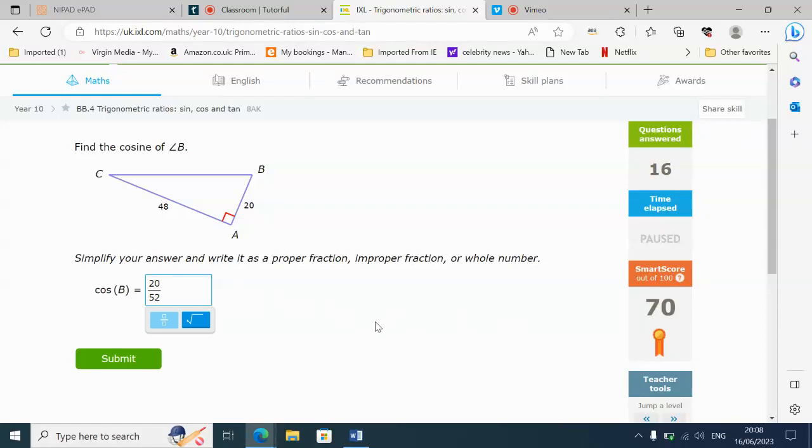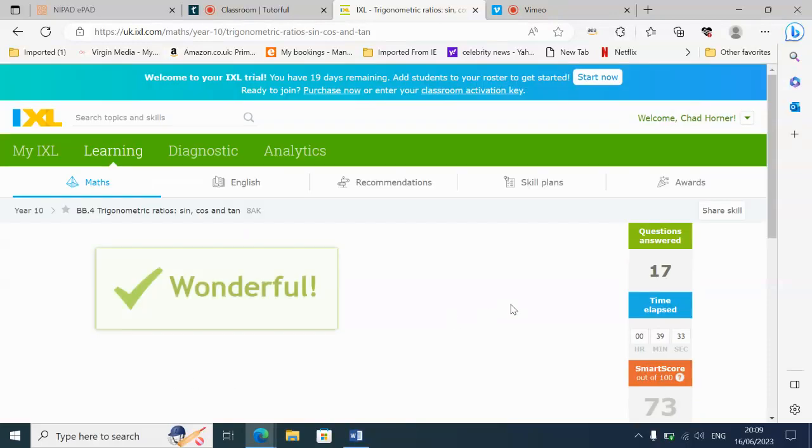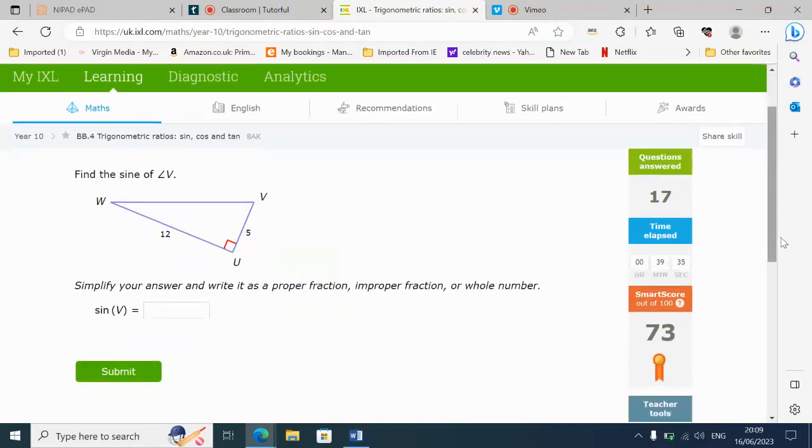Yes, so 10 over 26. Can we simplify it further? Yes, so 5 over 13. Let's see. Yes, we're right. And what about this one?